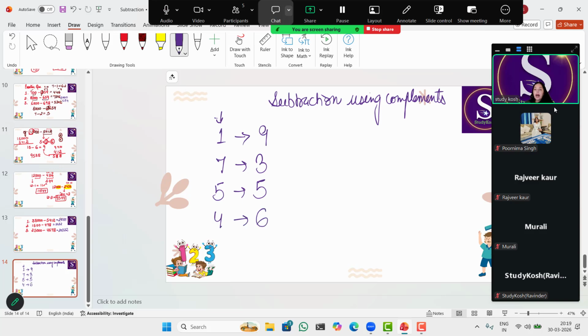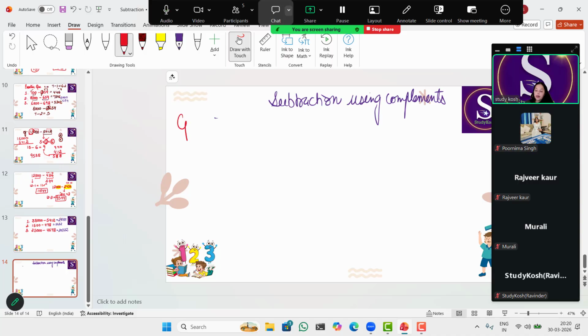Now, what are match combination and what are mismatch combination? Match combinations are those when we subtract a smaller number from the bigger one. Like if I have 7 and I need to subtract 4 from it, it is a match combination. 9 minus 2 is a match combination. 5 minus 3 is a match combination.